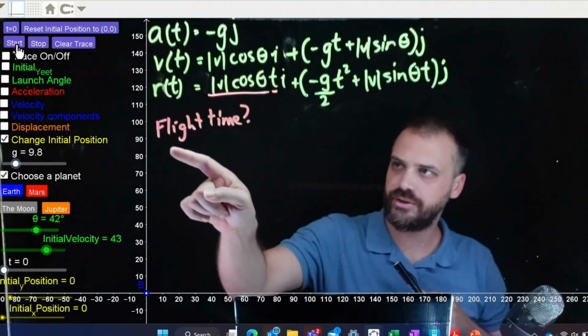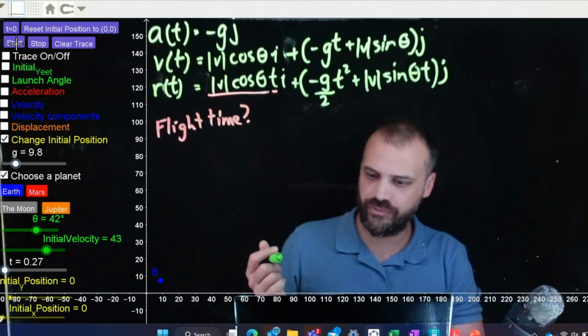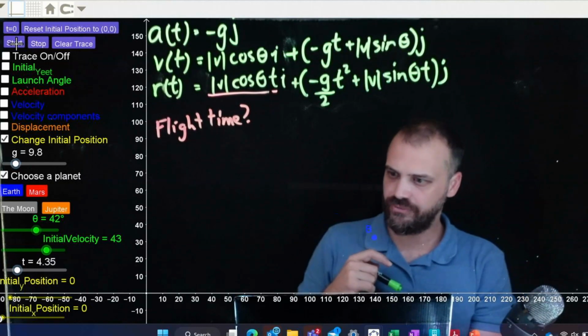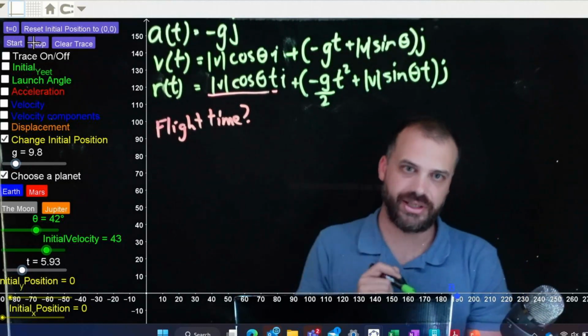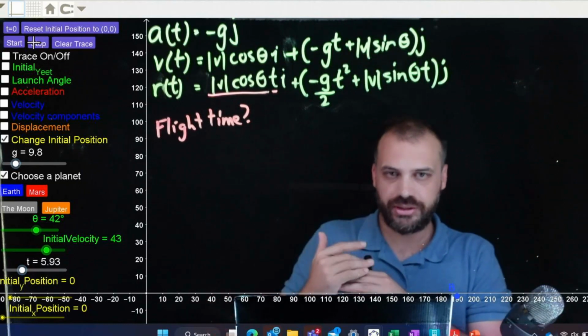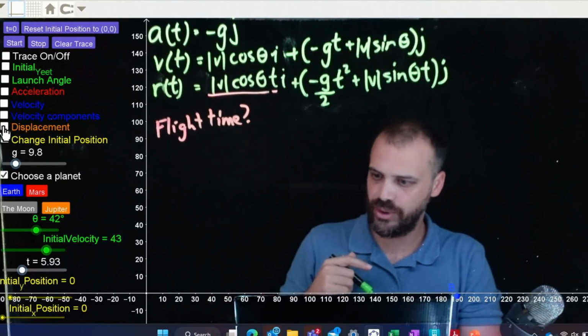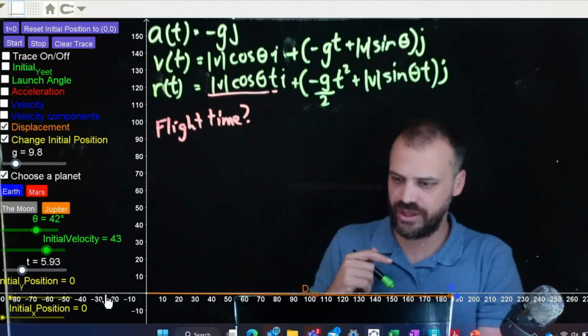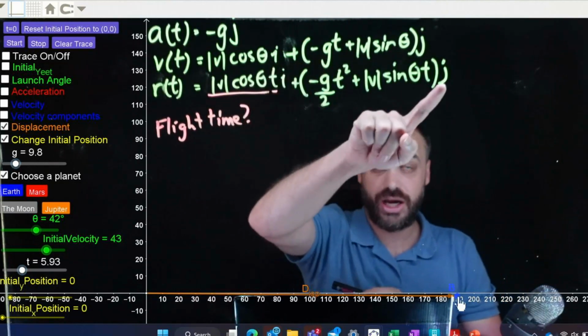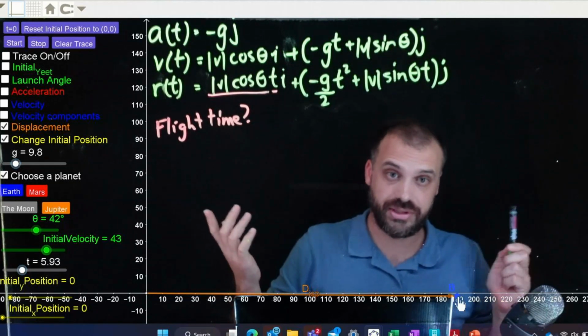So what if we wanted to calculate flight time? What if we were watching our object traveling through the sky and finding out how long until it hits the ground? Well, think about our object. It hits the ground when its displacement vector, that orange vector along here, has its j coordinate equal to 0.